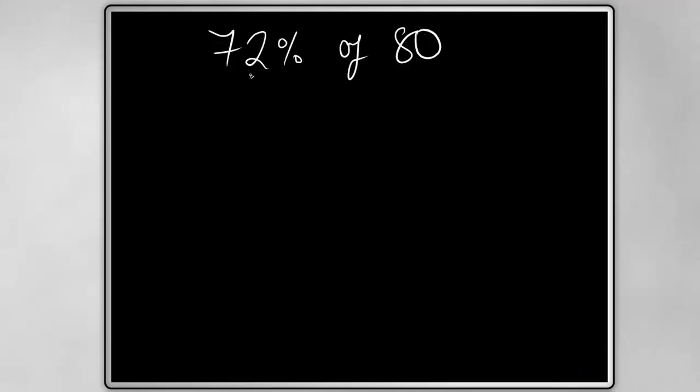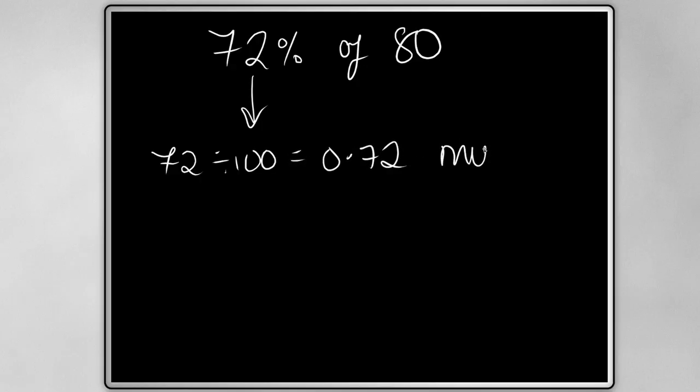For example, 72% of 80. I can calculate 72% of anything by just converting it to a decimal. And this is what's called the multiplier. So to make it a decimal, I need to divide by 100. 72 divided by 100 is 0.72. This is known as your multiplier.